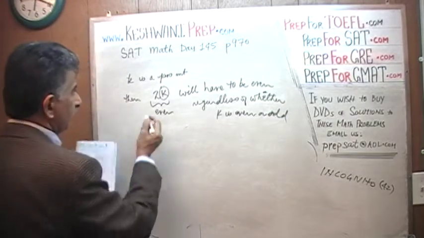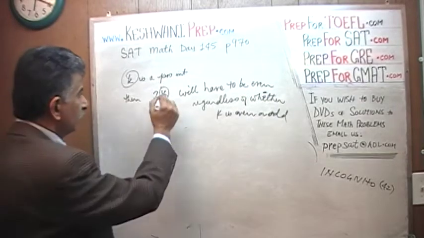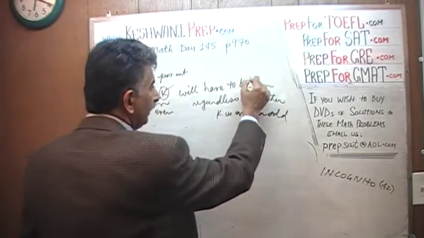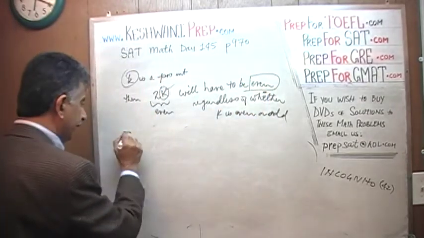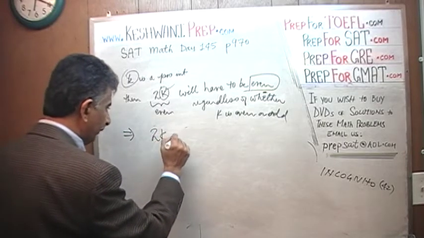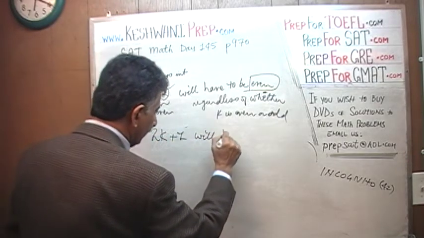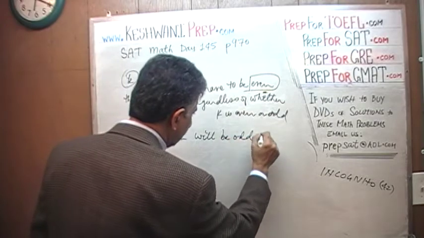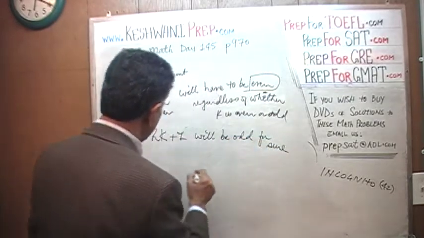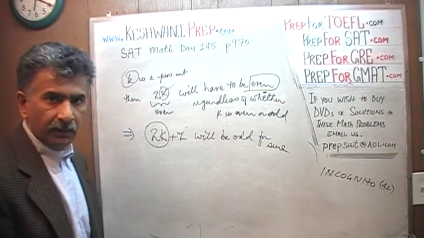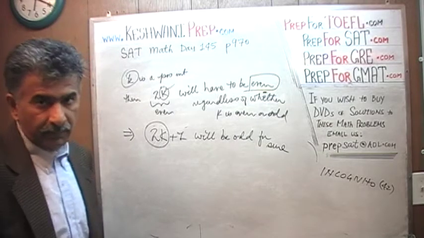Okay, so if k is an integer, then 2 times k will have to be even, and that in turn implies that 2 times k plus 1 will be odd for sure, because if this is an even number and you add 1 to it, it will become odd.